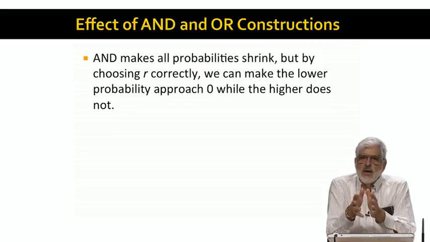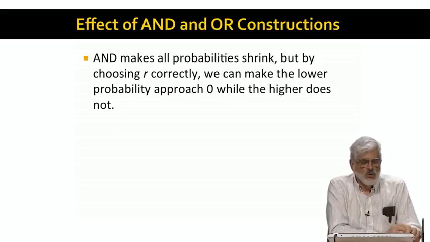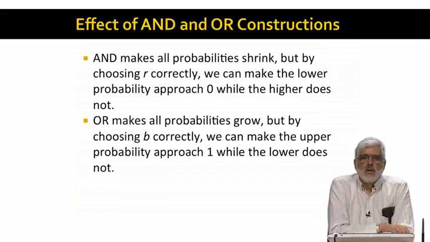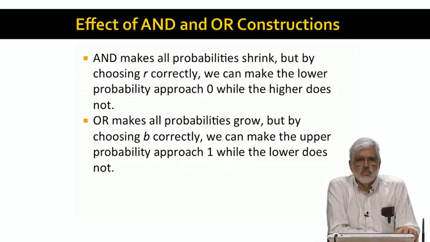It's a balancing act, but we'll see in a moment how it works in practice. The analogous story applies to the OR construction. Both probabilities grow, but we contrive to select a value of B that makes the high probability get very close to 1 while still keeping the low probability significantly away from 1.